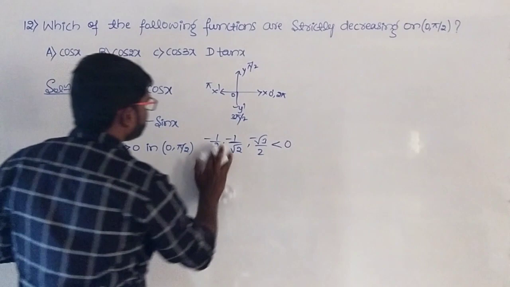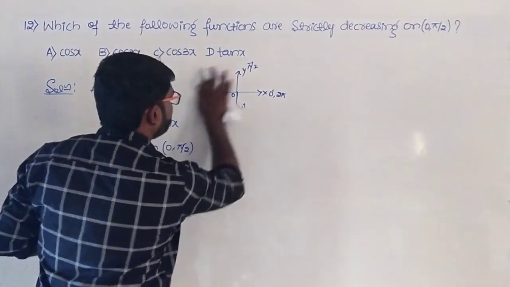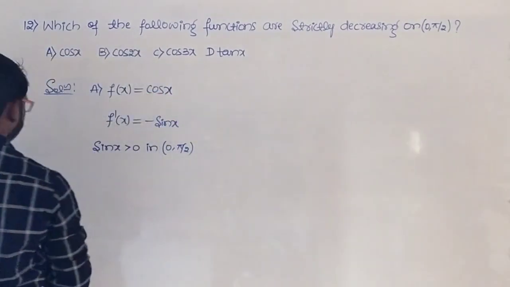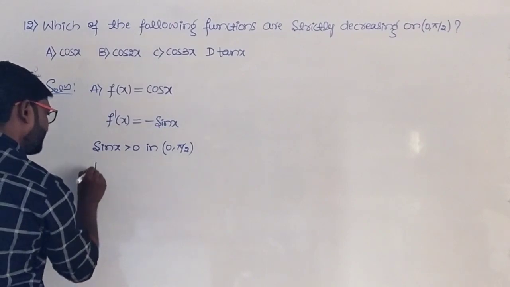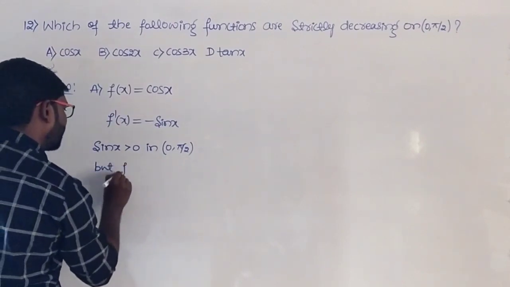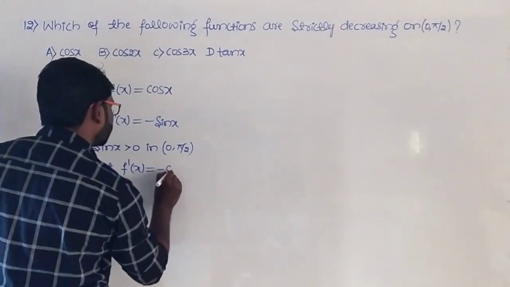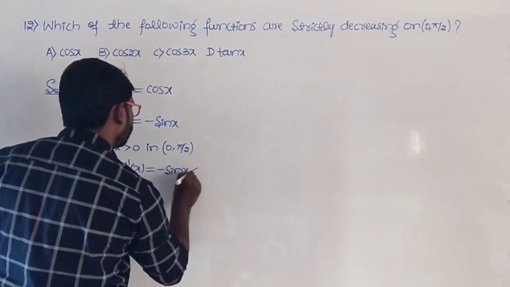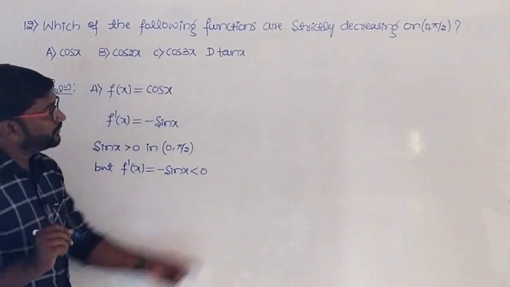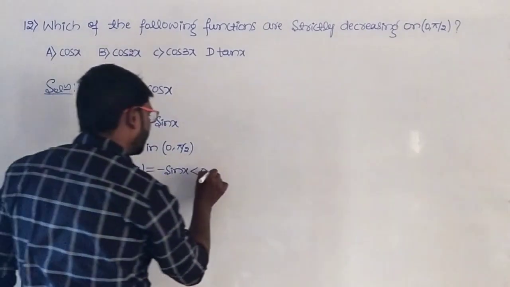So now f dash of x, which is equal to minus sin x, will be less than 0 in the open interval 0 comma pi by 2.